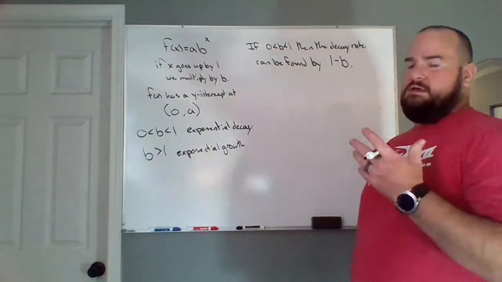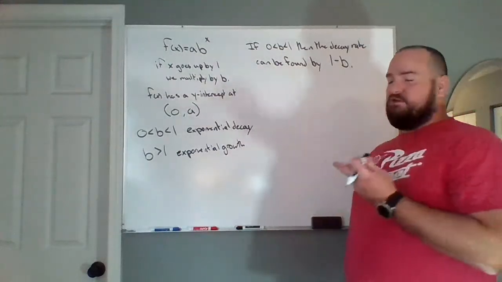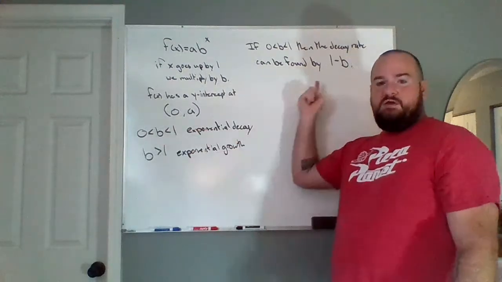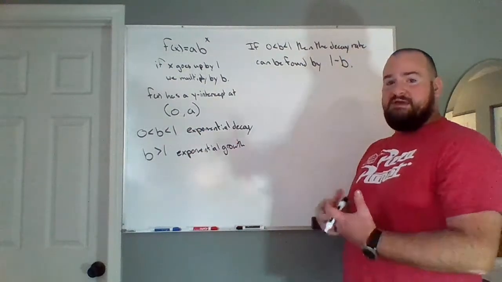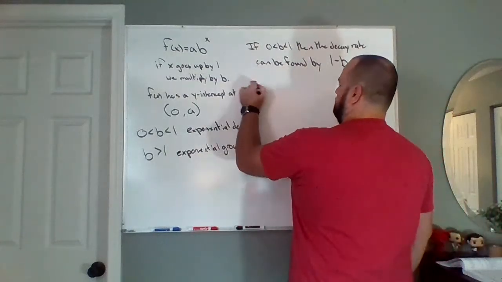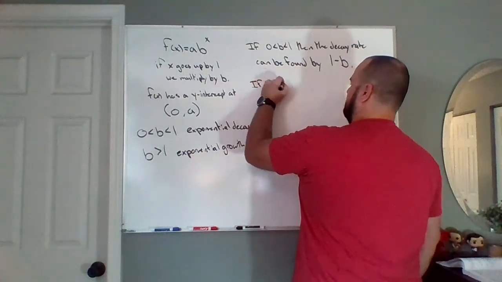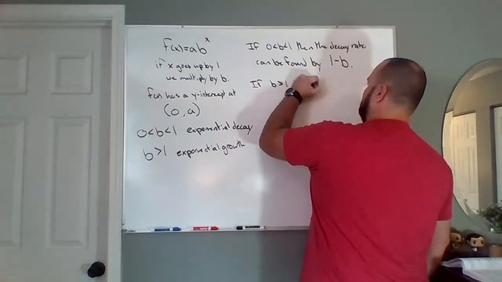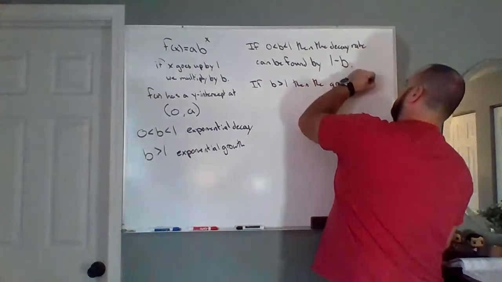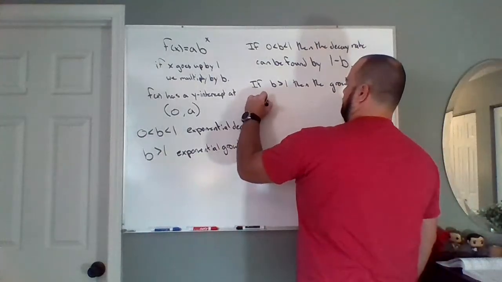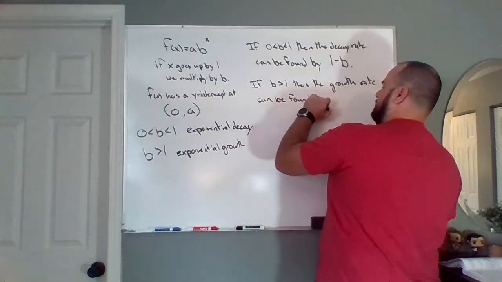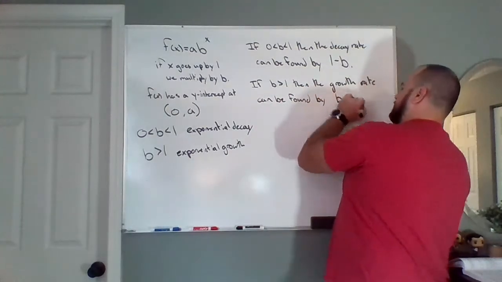And that's all we have to do to figure out the decay rate. So if b is between 0 and 1, we just do 1 minus that b value, and that gives us our decay rate. Now, similarly, if b is greater than 1, then the growth rate can be found by b minus 1.